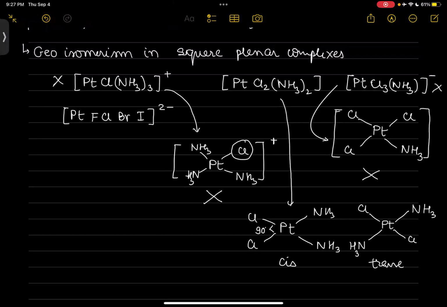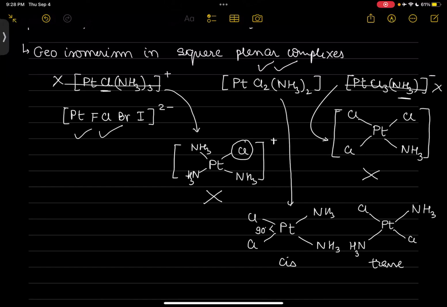If three ligands are the same, NH3 is on the cis and NH3 is also trans, so it should not be considered. Just one ligand different from the rest will not fulfill the purpose. Same is the case here also. So this is not going to exhibit, this is not going to exhibit, this can show, and this can also show.